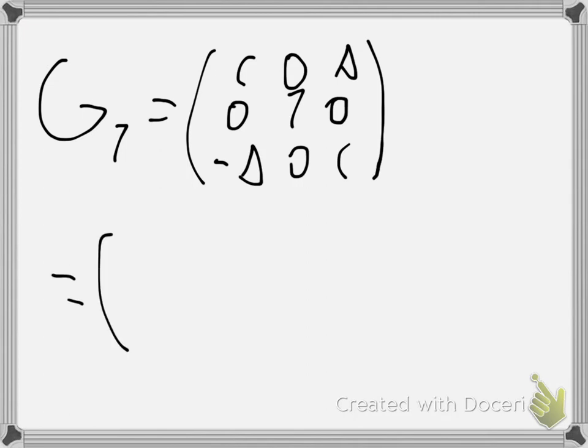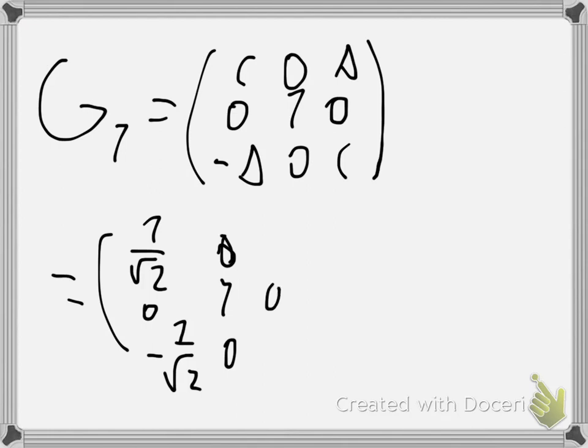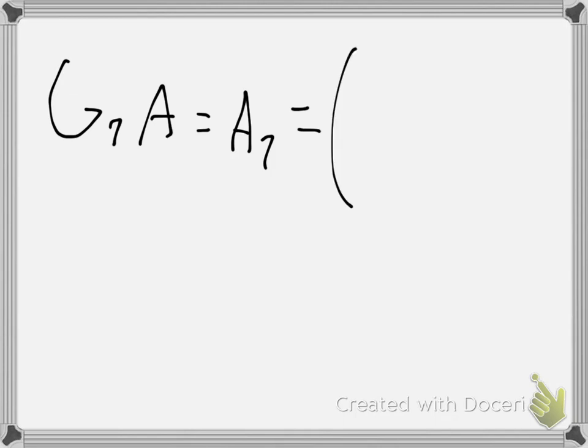So this will be 1 over square root of 2, negative 1 over square root of 2, 0, 0, 0, 1 over square root of 2, 1 over square root of 2. And now if we apply it to the matrix A, we'll get a 1, which will give us, if you do the computation, the following.